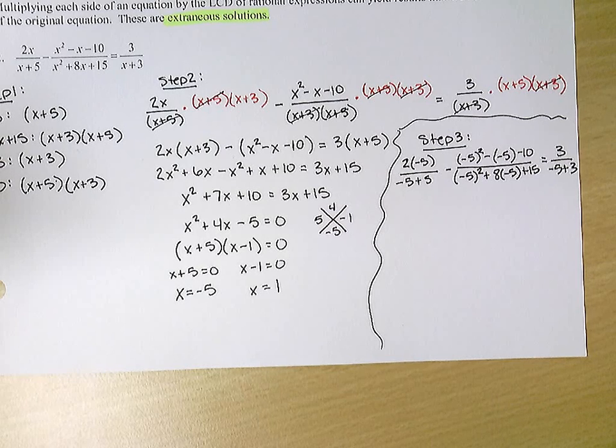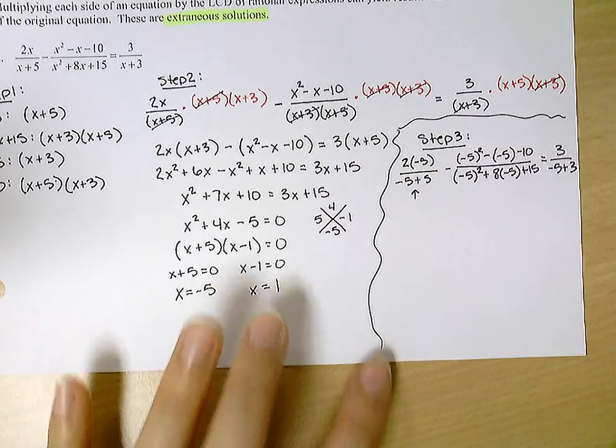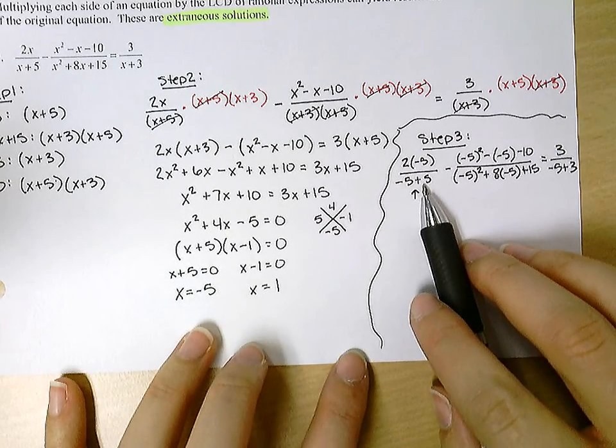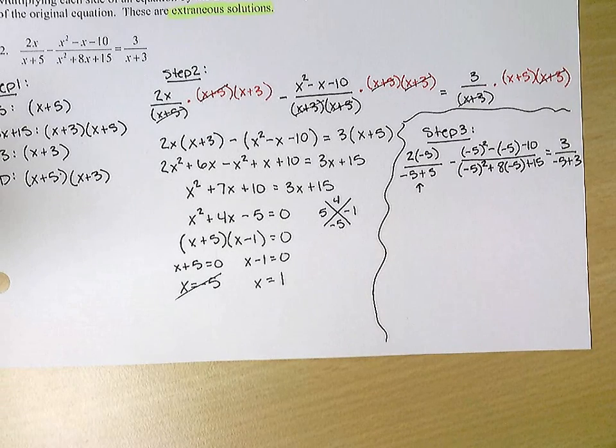The first one. This fraction right here is undefined. You have negative 10 over 0. Whenever you have a number over 0, it's undefined, that answer won't work. That's why you have to check your answers. So since this results in 0 and is undefined, x equals negative 5 is not one of your answers. I don't even have to continue solving. I know it won't be one of my answers.